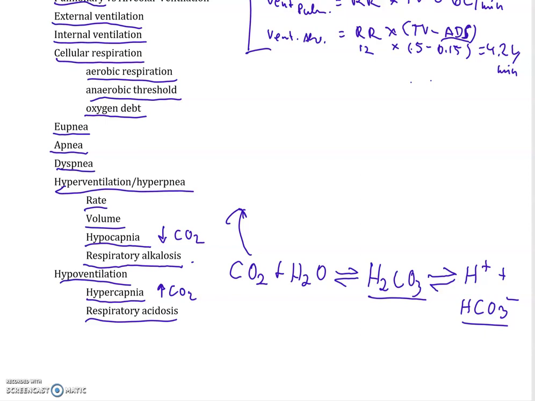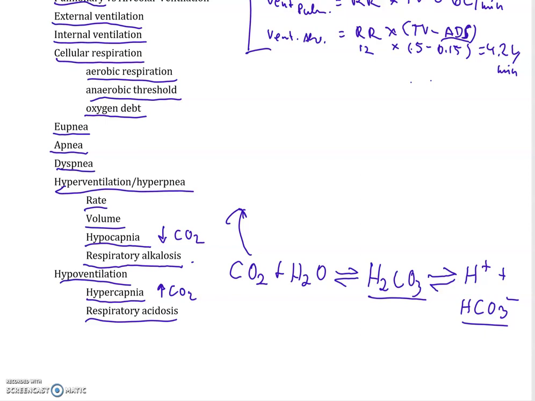So if we are hyperventilating and getting rid of too much CO2, then we are going to increase our pH, because we're losing hydrogen ions, because these hydrogen ions are necessary to get together with bicarbonate ions to make carbonic acid and then fall apart into water and CO2, because we're constantly breathing this out. So respiratory alkalosis comes about from hyperventilation.